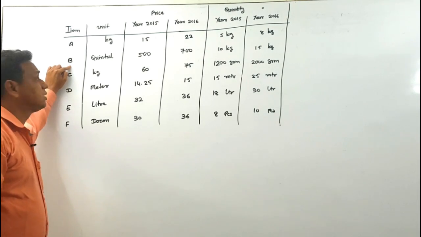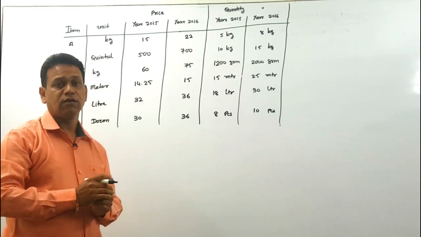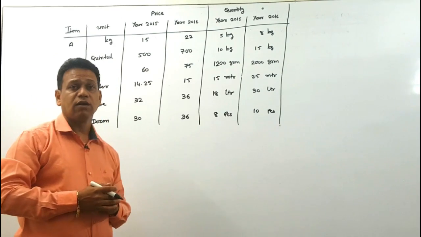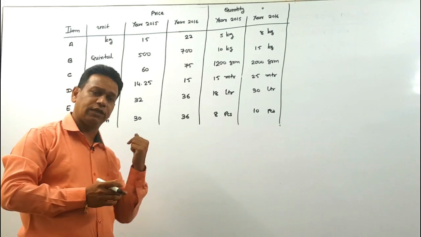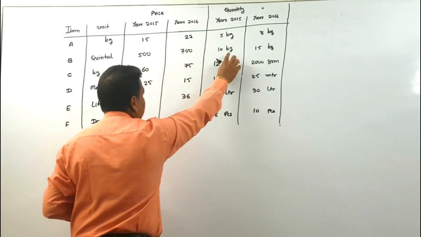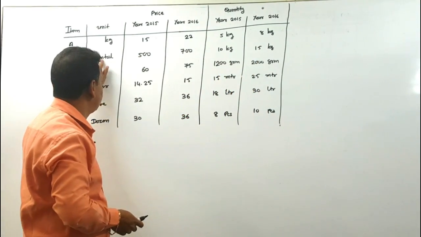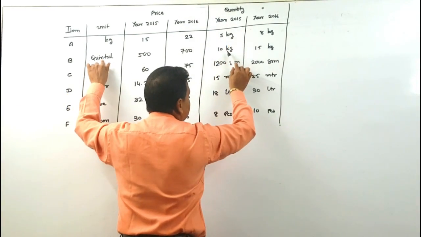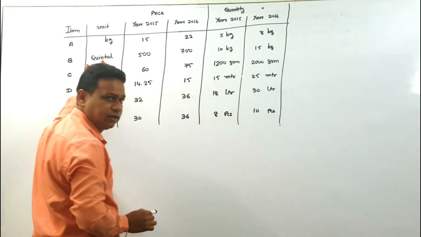Now please pay attention to the unit. They have given quintal, so the prices are for the quintal. If the quantity were also available in quintal, there would be no need to change, because they would be in equal format.